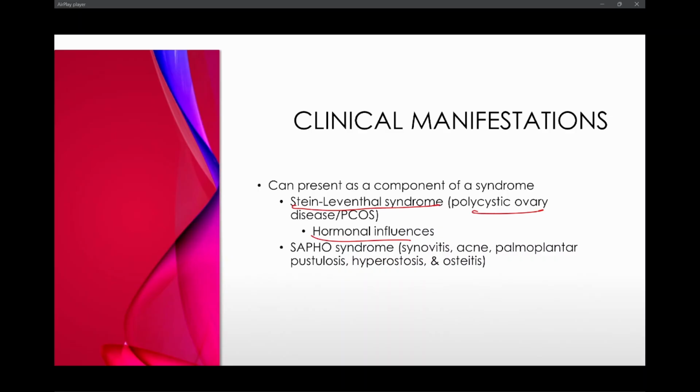Androgens. So they have high androgens because of the PCOS, more hair growth, and acne growth, because you know that androgens play a big role with acne formation. This last one is called SAPHO syndrome: synovitis, acne, palmoplantar pustulosis, hyperostosis, and osteitis. I'm not going to go into much detail with that. You'll probably get it in our class. SAPHO and PCOS are two underlying causes that can present with acne, but the acne is caused by the underlying condition, not acne by itself.